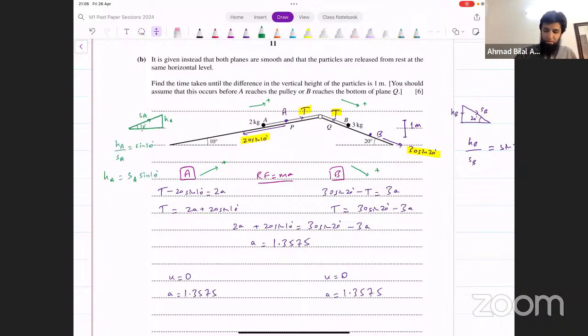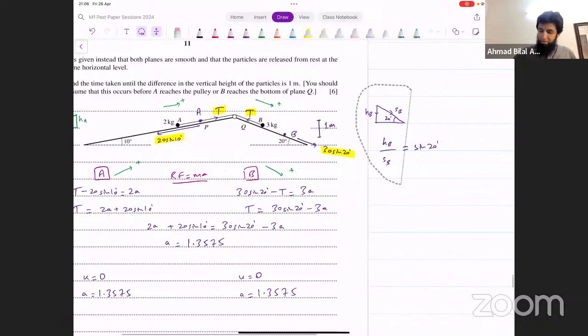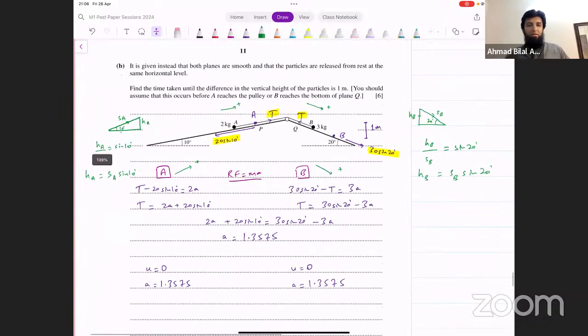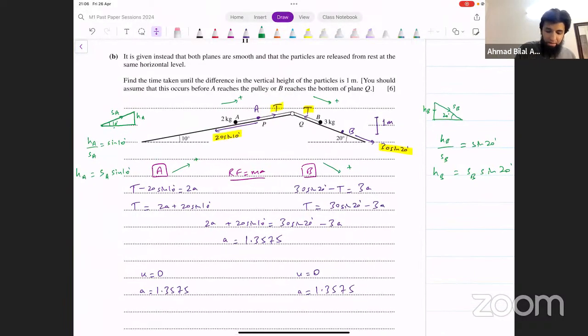Right? And from here, we can say HB equals SB into sine of 20. Does that make sense? So we were given something about the change in vertical height.